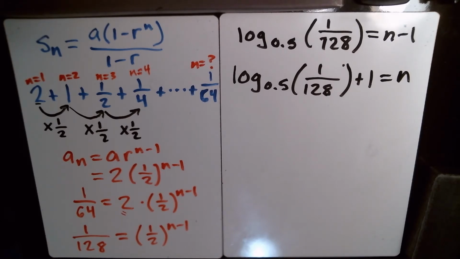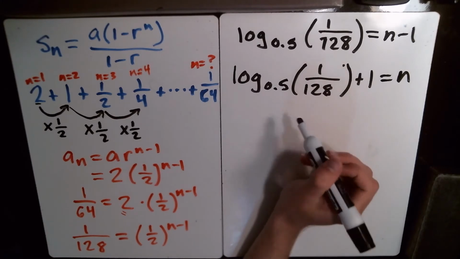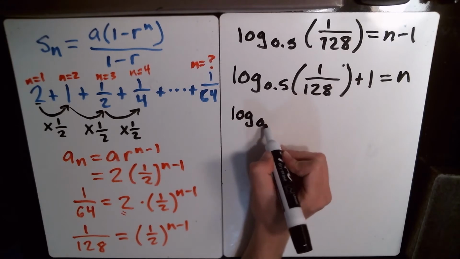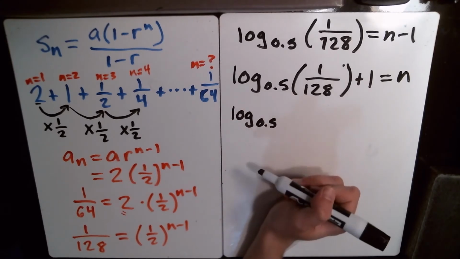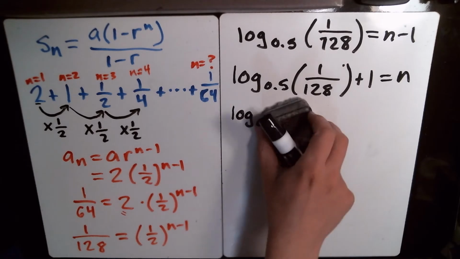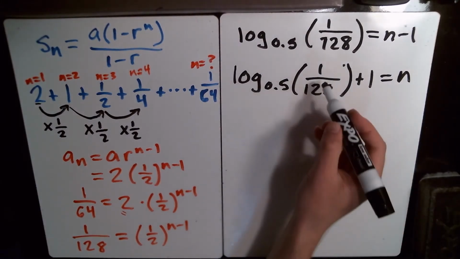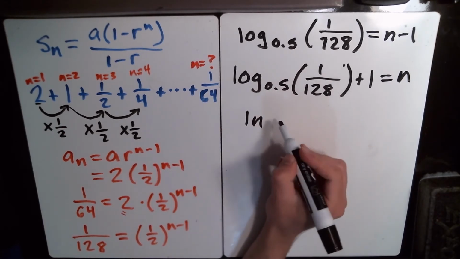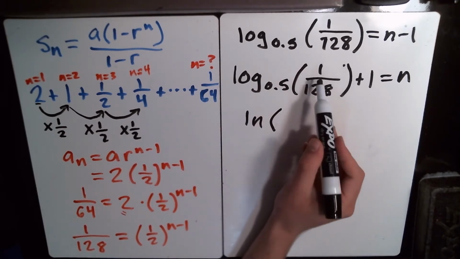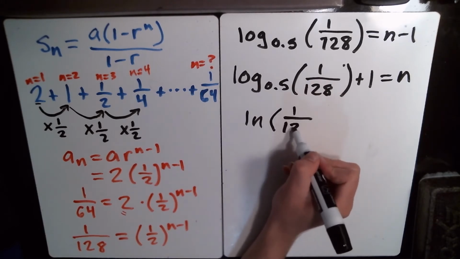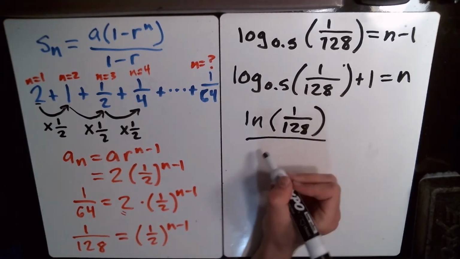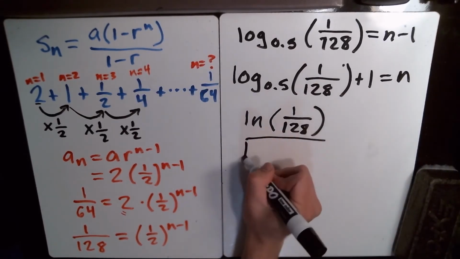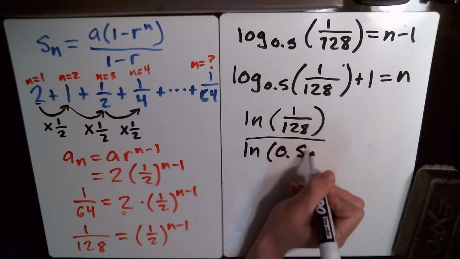So we want to throw this in the calculator to figure out what it is. I would do ln or log base 10, either one works, of 1 over 128, and then divide it by ln of 0.5.